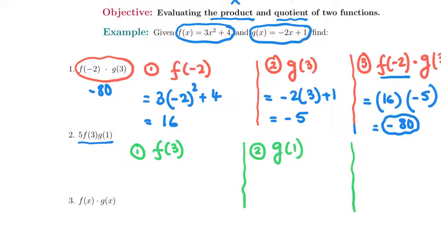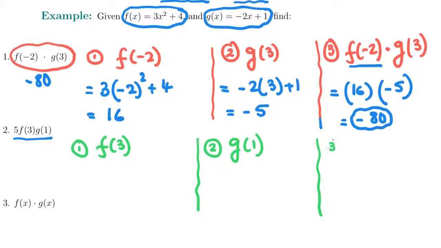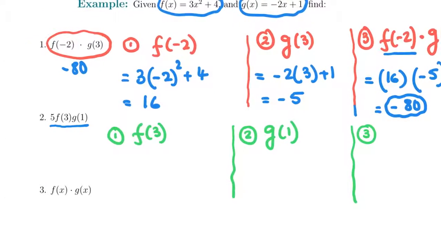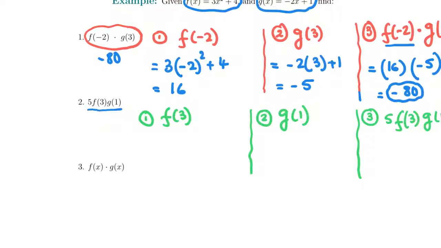And then the third and final step is to find what we're looking for, which is 5 f of 3 multiplied by g of 1.